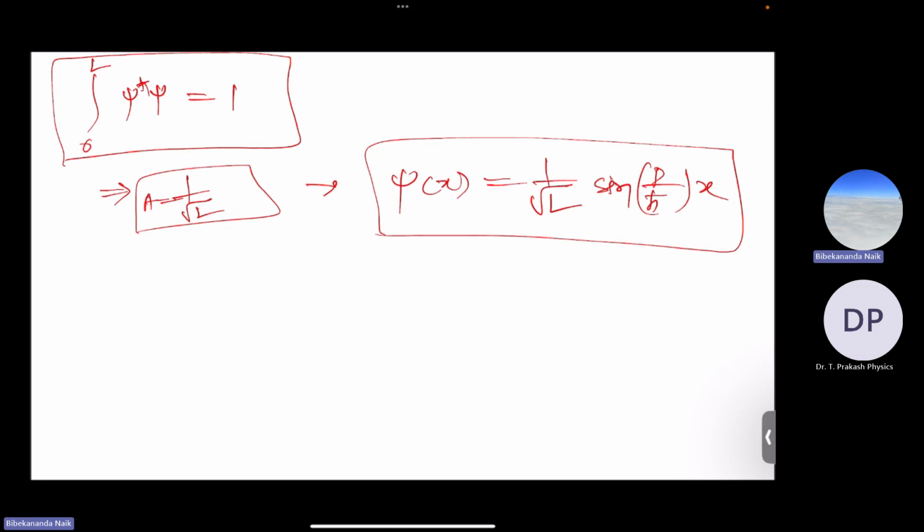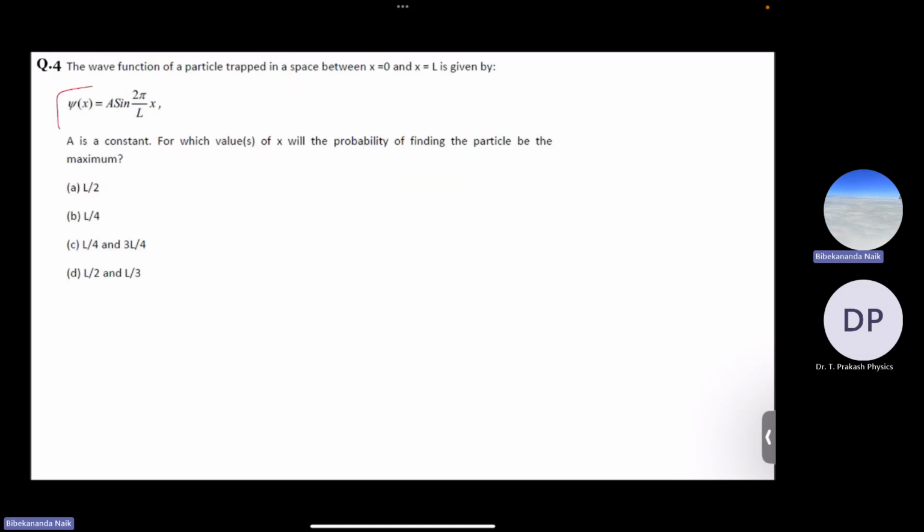So here this is a trapped particle between x equal to 0 and x equal to L, and the wave function is given as this. You need to find the position at which the wave function will have maximum probability. So these are the four options.